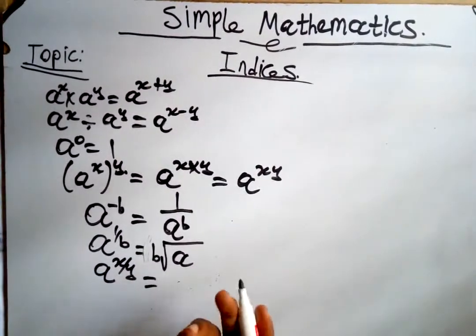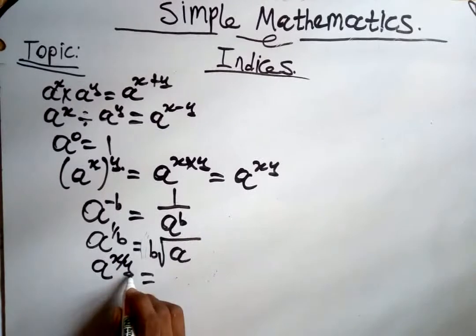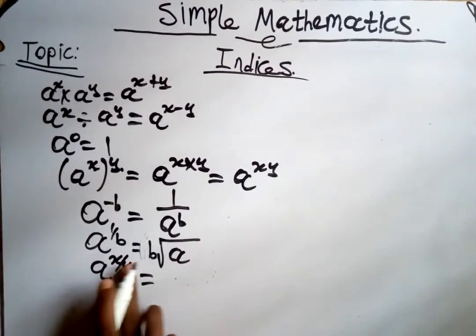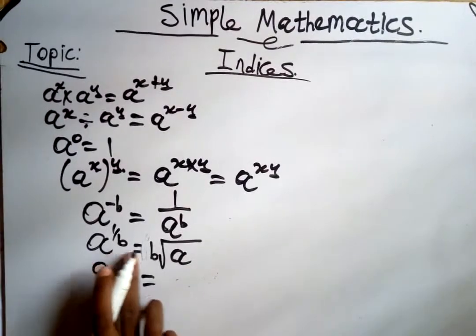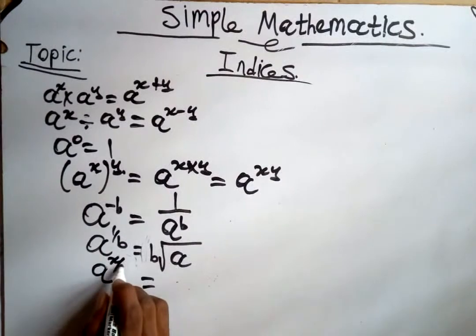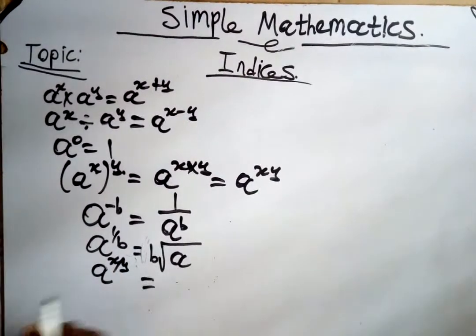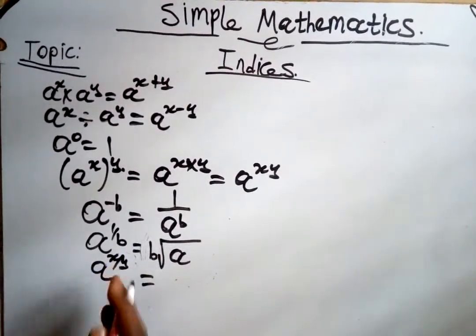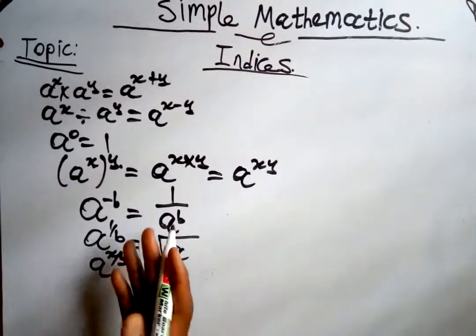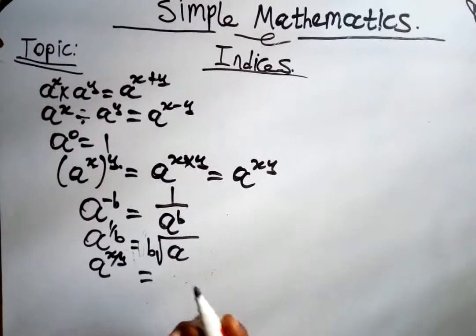So the next one is a raised to the power of something like this will make more sense, x over y. A variable raised to the power of a value, and that value is a fraction.